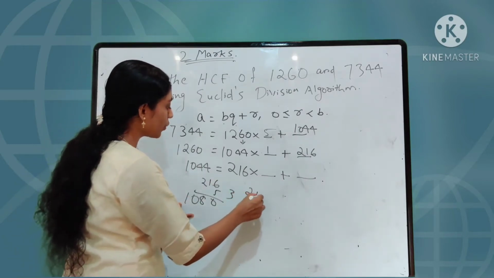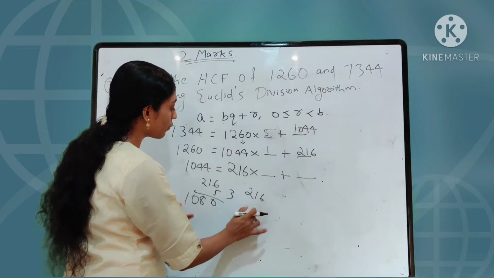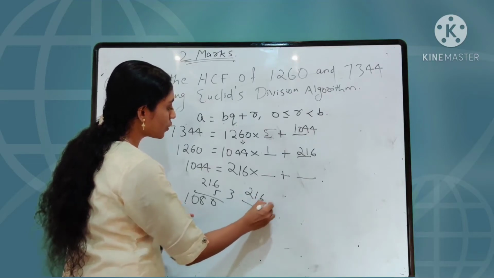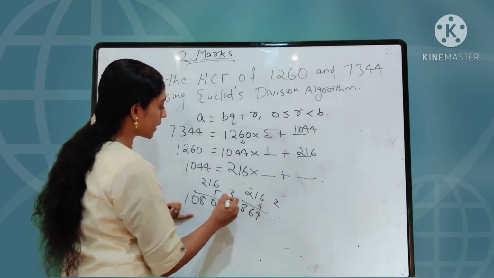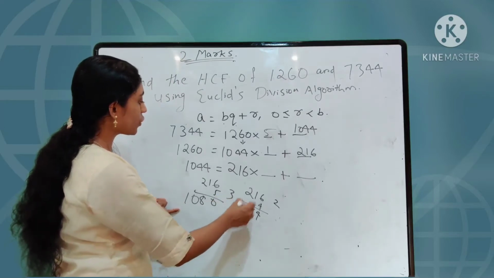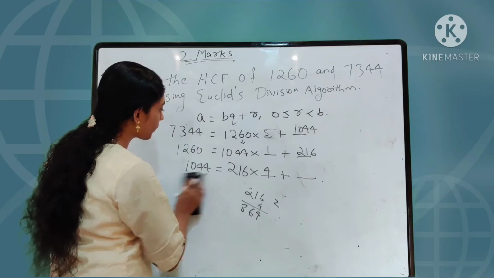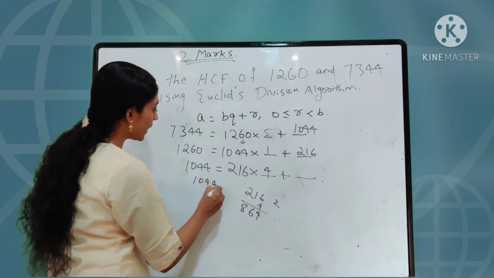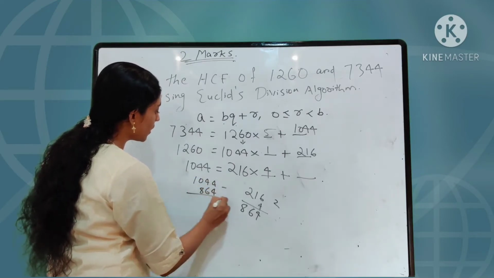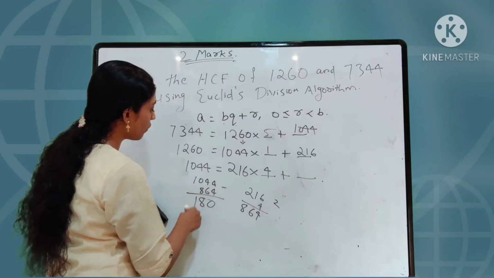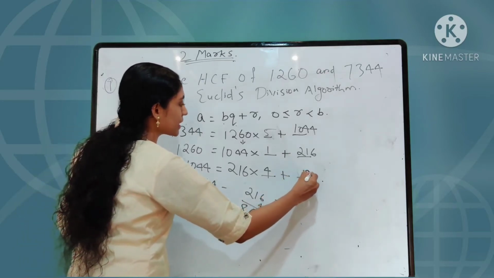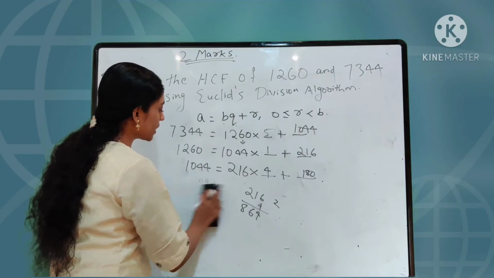So we check 216 into 4, which is 864. So you can take 216 into 4 plus the remainder, 1044 minus 864, which is 180. Is the remainder 0? No, it is 180.